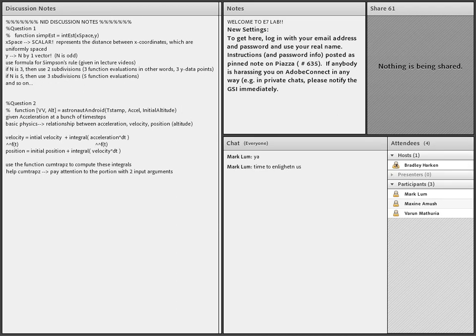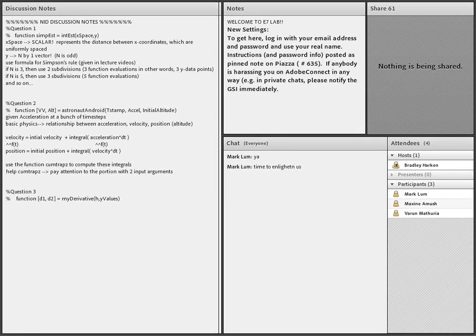The next question, question 3, we are writing a function to estimate the derivative of a function.